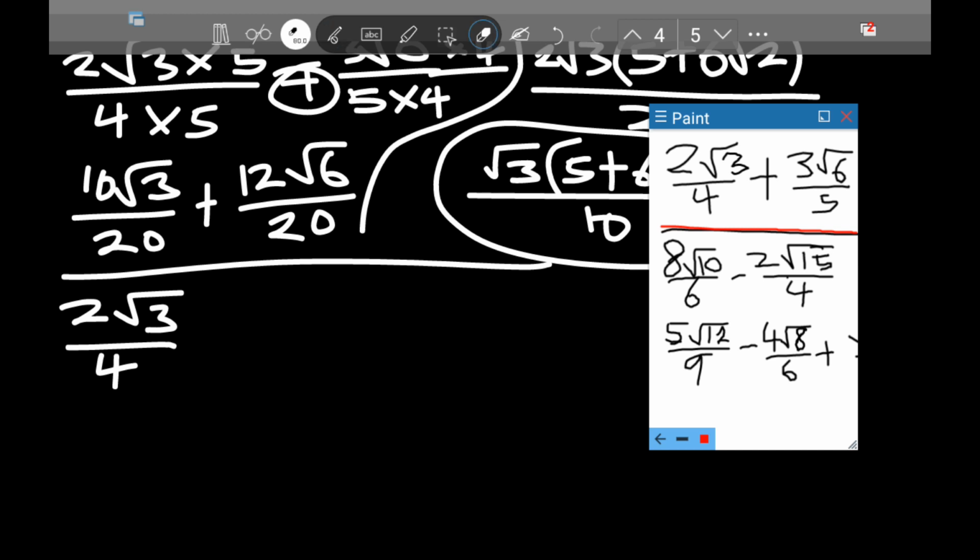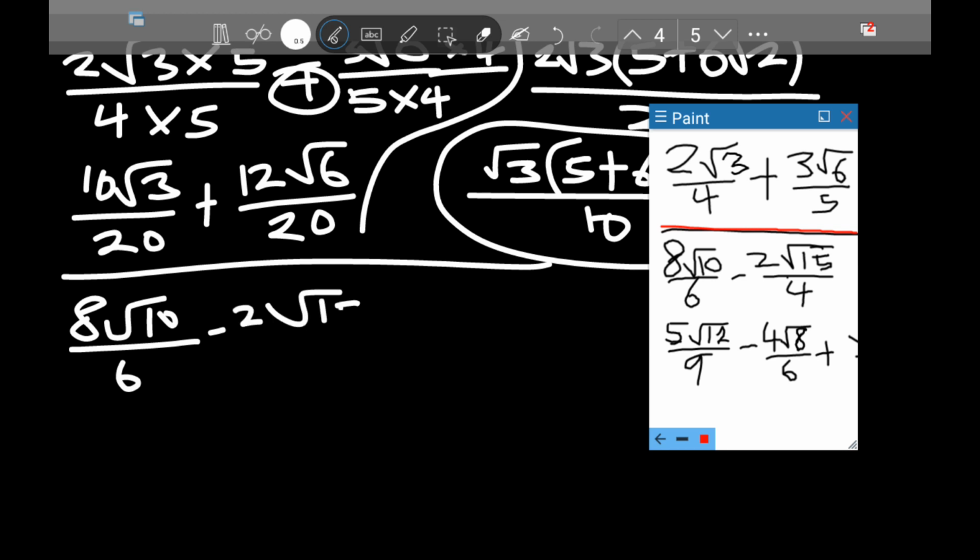Sorry, I was writing 8 root 10 over 6 minus 2 root 15 over 4. So here's another example now.